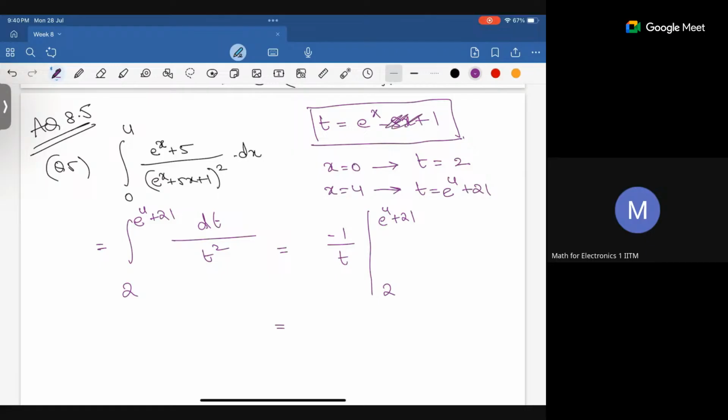No, even minus 5x is not going to work. Okay, I think it's incorrect. I think there is some mistake in it. Let me check and update it. Okay, what mistake, sir? I think it is something like e^x + 5. We are just modifying the question now, no? Or I think this is correct, so this is correct. 5x + 1. Instead of 4, it should have been 1.